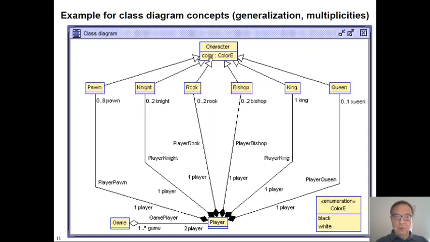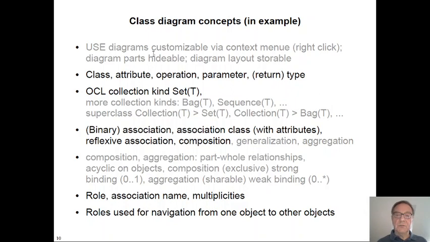In connection with generalization, I've spoken about a specialized class and the more general class, but there's also another term that is used for this situation. I will very frequently speak about the subclass pawn with respect to the superclass character. So subclass and superclass are also notions that are used in connection with generalization.